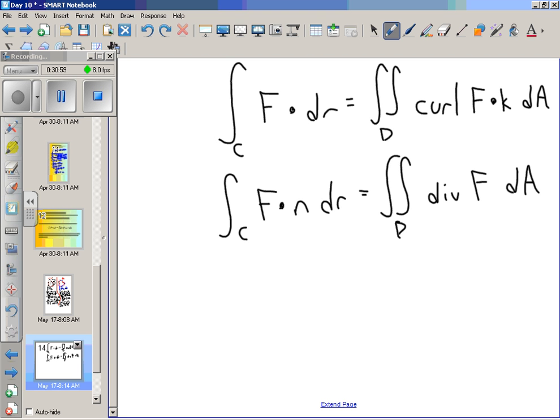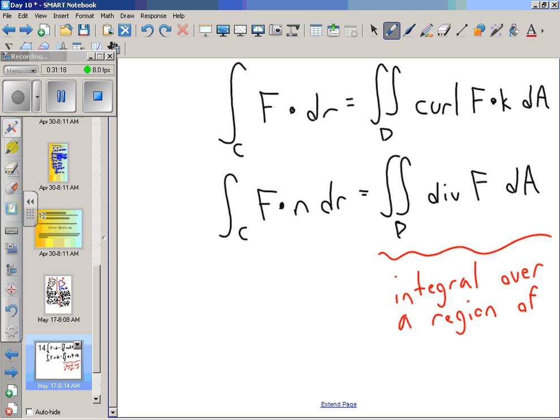What I mean by that is that over here on the right-hand side, for both of these, we're taking the integral over a region of, it's a little funny, but we noticed that both of these involve derivatives. Both the curl and the divergence are notions of rates of change of this vector field. So both of these are integrals over a region of, I'm just going to put it in parentheses, derivatives of this vector field.